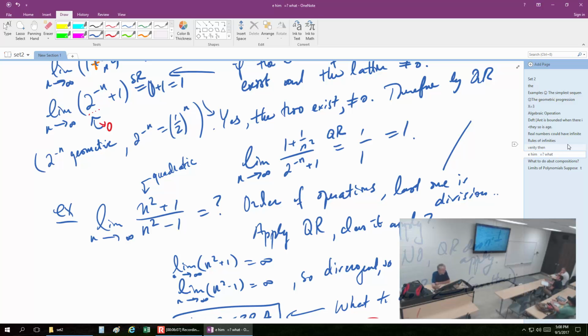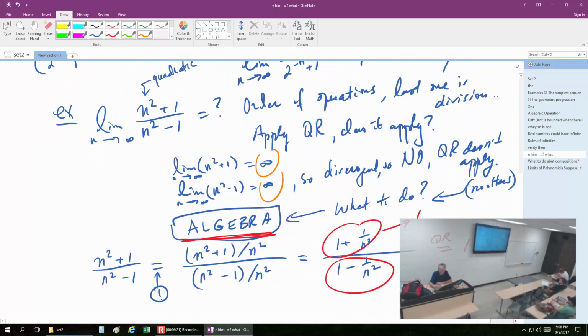Even though it is made of two polynomials, the behavior of the numerator and denominator, as you can see at the bottom, is infinite. However, the whole thing turns out the answer is 1. That's not unusual to happen to rational functions.